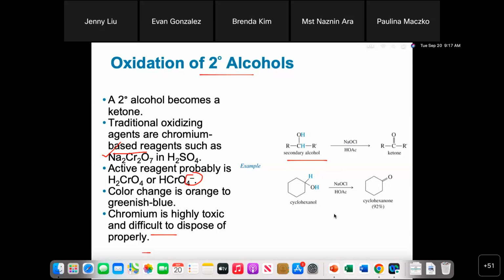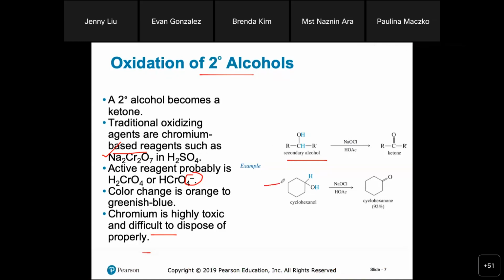Now, looking at the example here, we can see cyclohexanol. The hydrogen on the oxygen leaves, and this hydrogen also leaves, and as a result the double bond forms, and the ketone forms in the presence of the oxidizing agent.